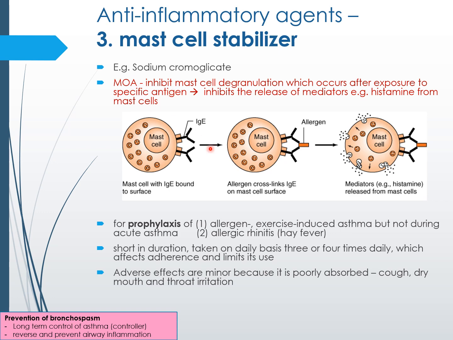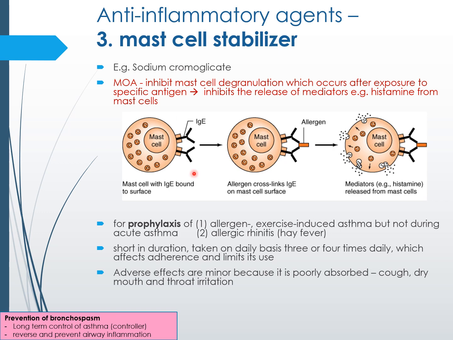If you remember the pathophysiology of asthma, we have IgE being produced, and then IgE binds to mast cell. IgE is cross-linked on the mast cell surface, and upon re-exposure to the same allergen, this triggers the mast cell to degranulate and release its content, and one of the important contents is histamine, which is an inflammatory mediator in asthma.